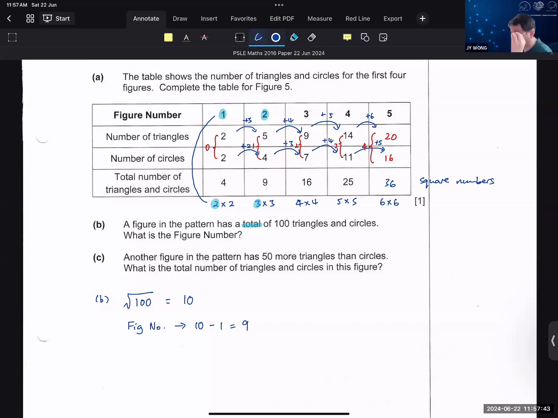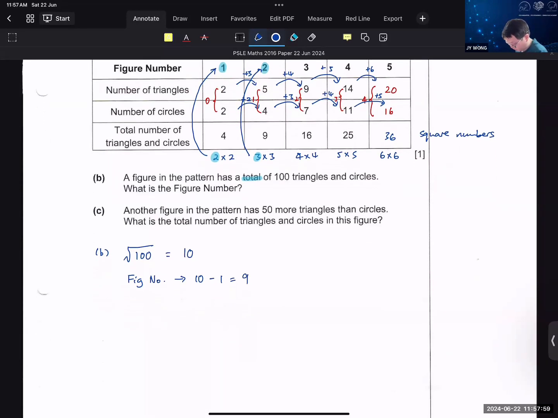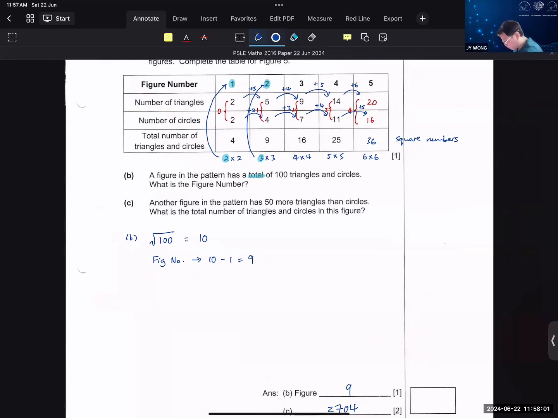So look at the blue color highlighted part. That is the relationship between your figure number and your square. So you can see that it's a minus 1. Part C: another figure in the pattern has 50 more triangles than circles. In other words, they're telling you the difference is 50.